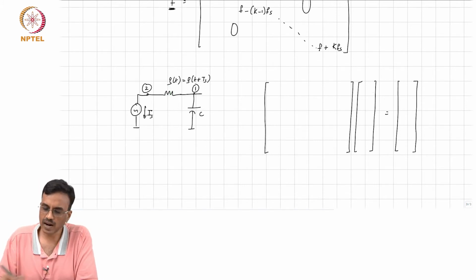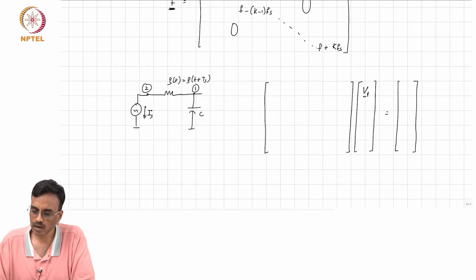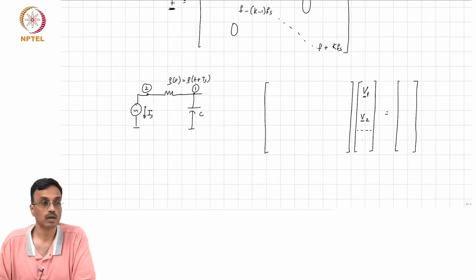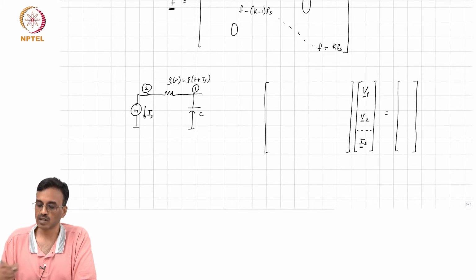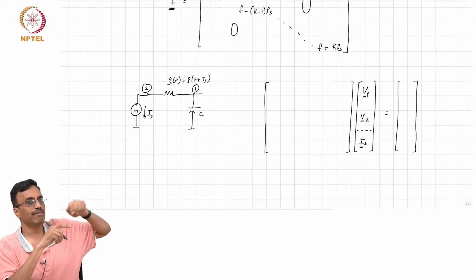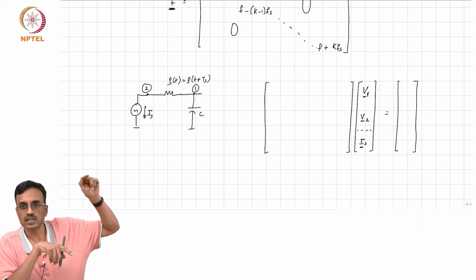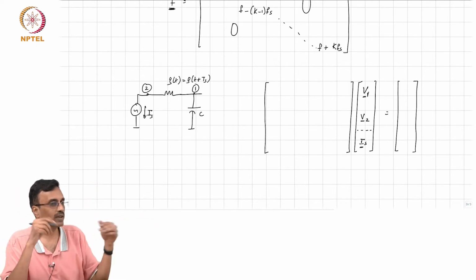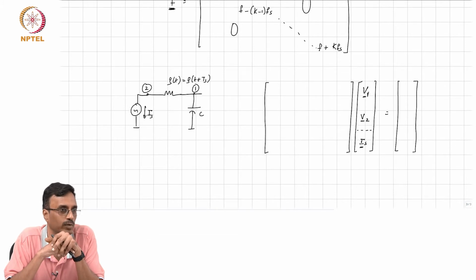The unknowns are V1, V2 and Is, where it is now understood that V1 will have 2K plus 1 components, V2 will have 2K plus 1 components, and likewise Is will have 2K plus 1 components.